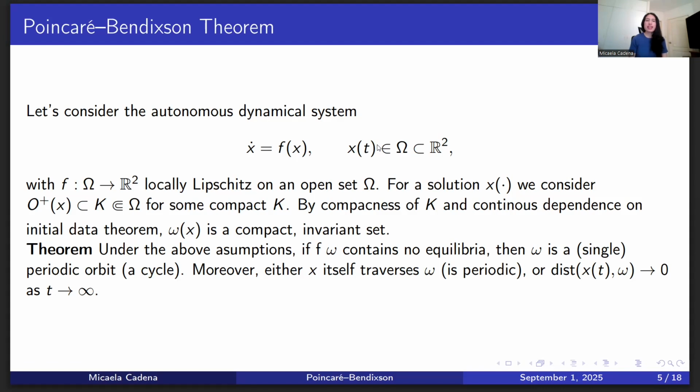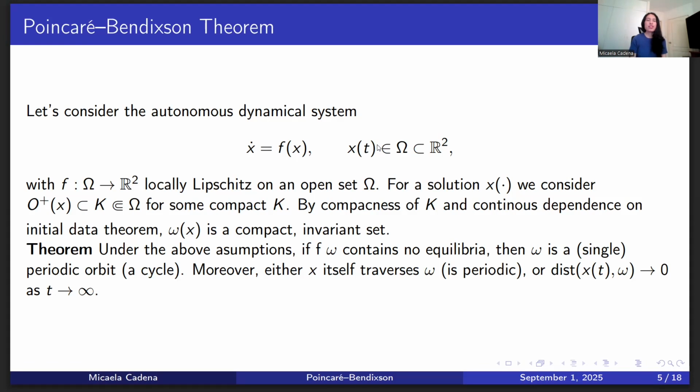So what are we saying with this theorem? In simpler terms, we might say that if we have a region which is bounded and compact, and we have a solution for this dynamical system, we will have either that this solution is periodic or it will converge to a periodic solution.